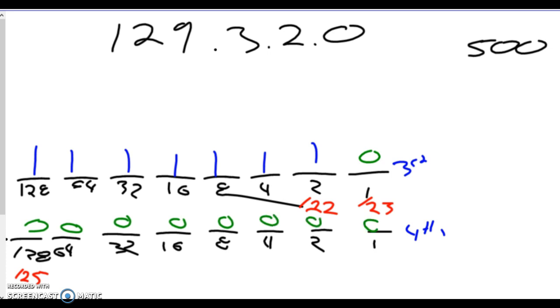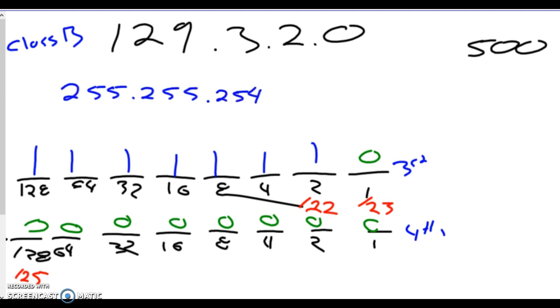So when we start to write it, our subnet mask is going to be 255.255.254.0. This reflects the third octet here.